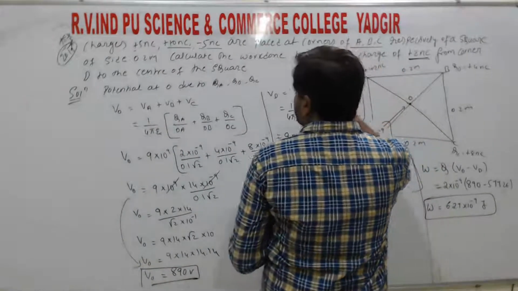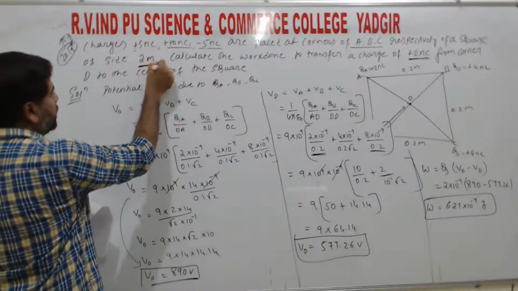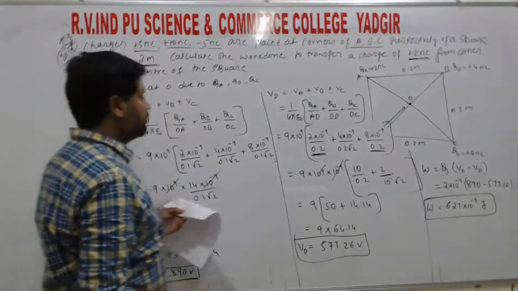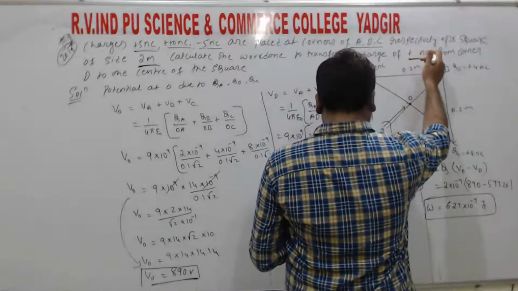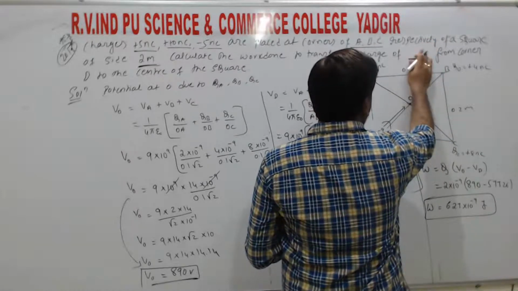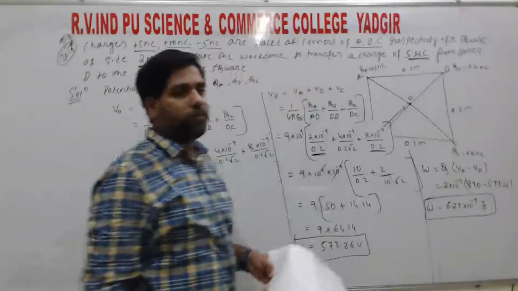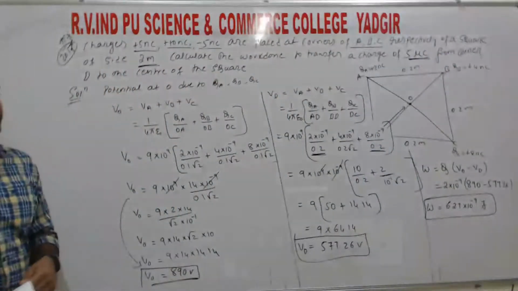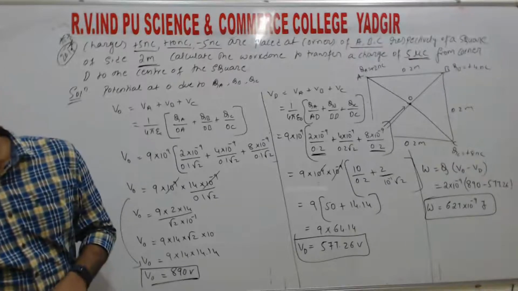Side is 2 meters. And bringing the charge 5 microcoulomb from the corners to the center of the square, right? So take this one as homework.